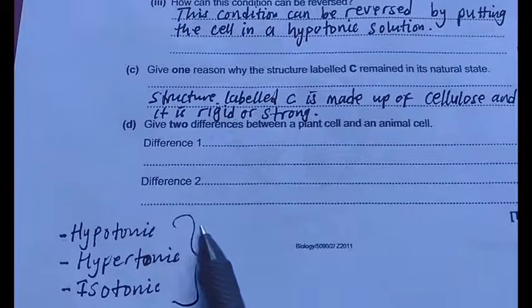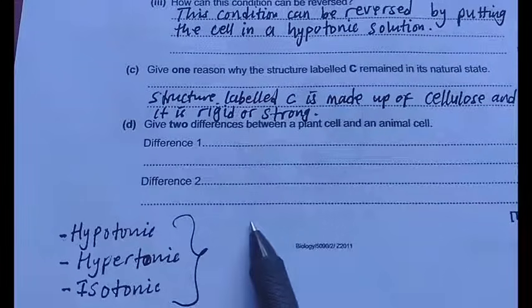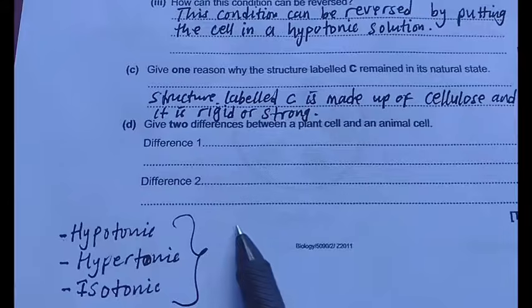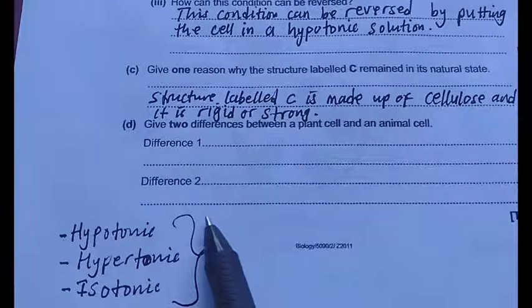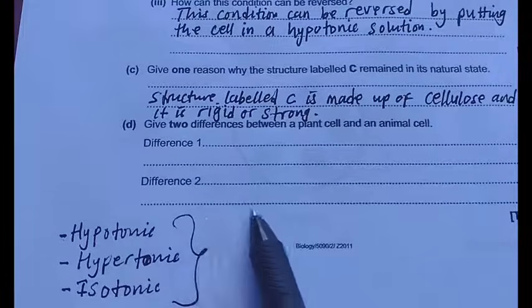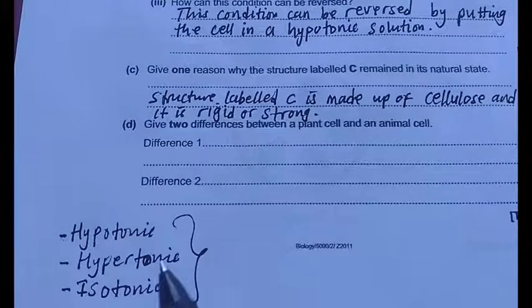Now here where the cell gains water in hypotonic solution, we call that cell turgidity, because the cell has gained water, hence it's going to swell and burst. Then you must know when a plant cell is placed in isotonic solution, because this solution has equal concentration. Okay, so this is very, very important.